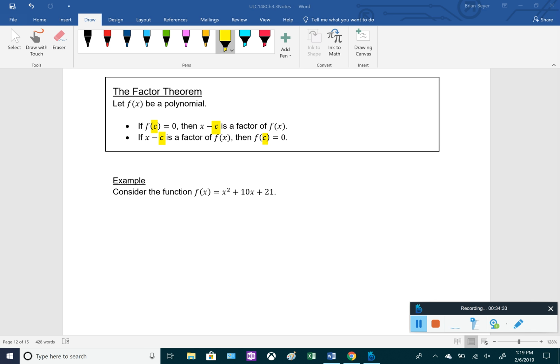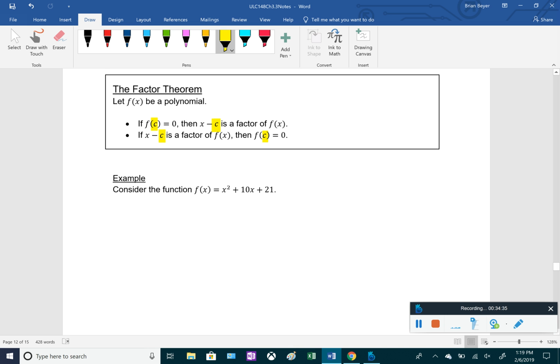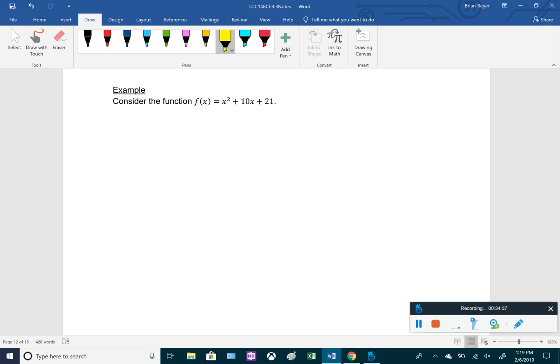We could set it equal to 0, factor it, and set them both equal to 0. I'm just going to work with the -3 root. So f of -3 is 0. Based on the factor theorem, this means that x plus 3 is a factor.